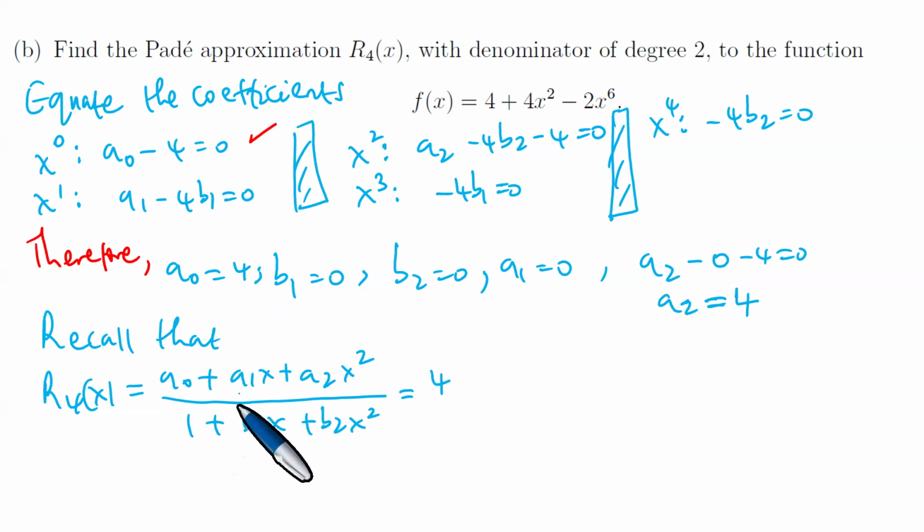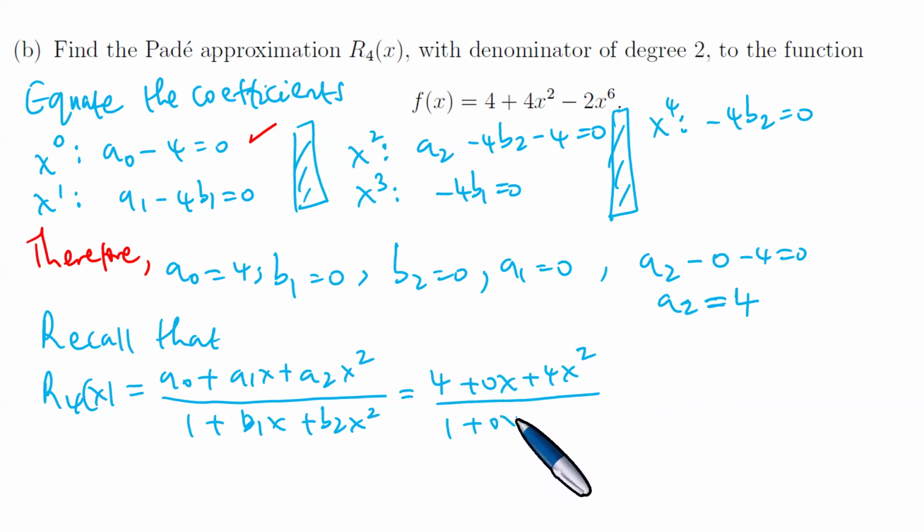A1 is 0, so 0x. A2 is 4, so 4x squared, divided by 1 plus B1, which is 0x, and B2, which is 0. This gives 4 plus 4x squared.